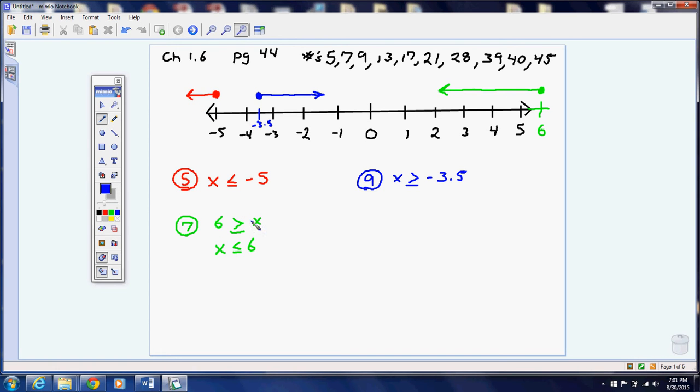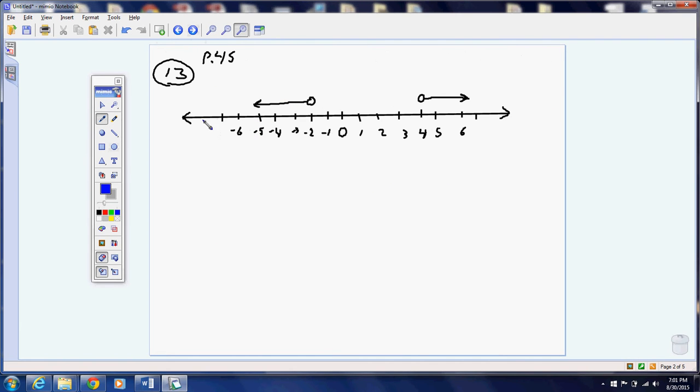Here we had to put X on the left side in order for the inequality sign to follow our graph. When we put it on the left side, then it did follow our graph here. And then here as well, we see the inequality sign pointing to the right and our graph points to the right. You might want to take note of that as well.